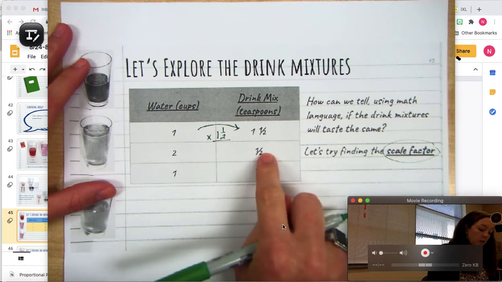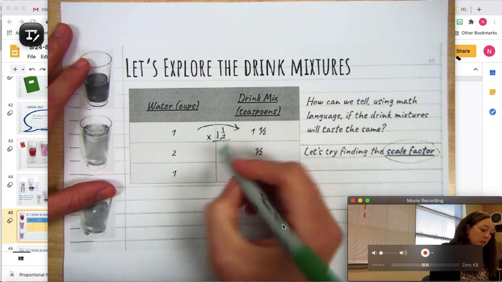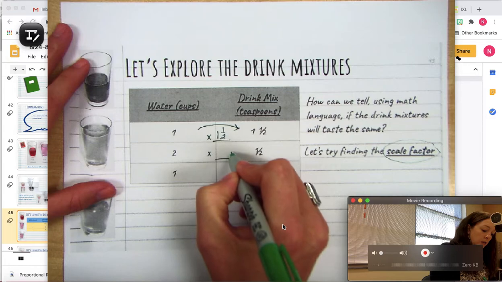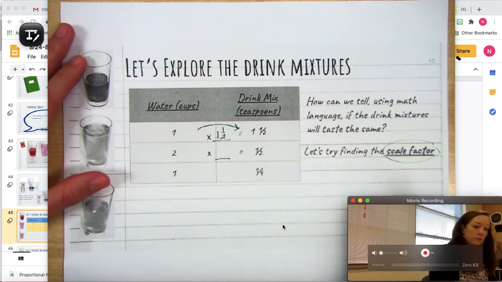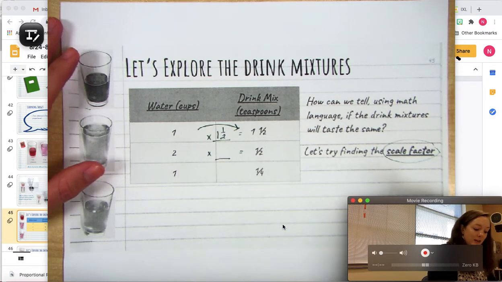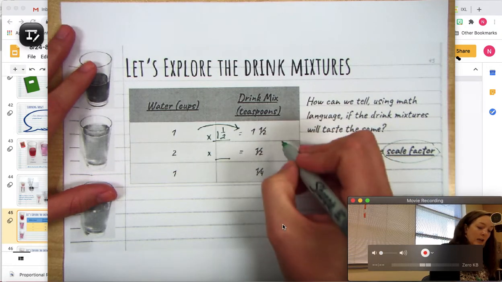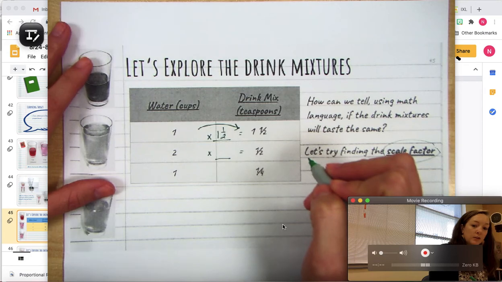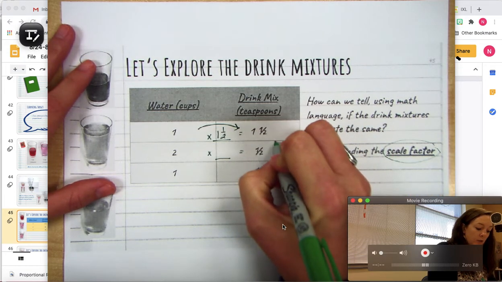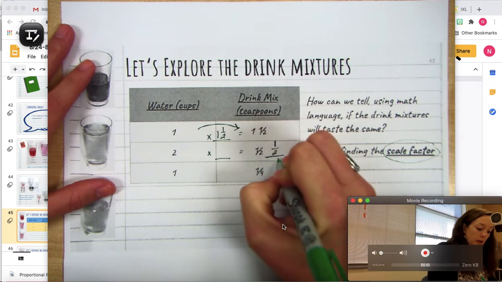For the second one, I have 2 times something gives me 1.5. Well, I don't really know how to do that, but I can work backwards. I can use the inverse operation, and I can divide and say 1/2 divided by 2.